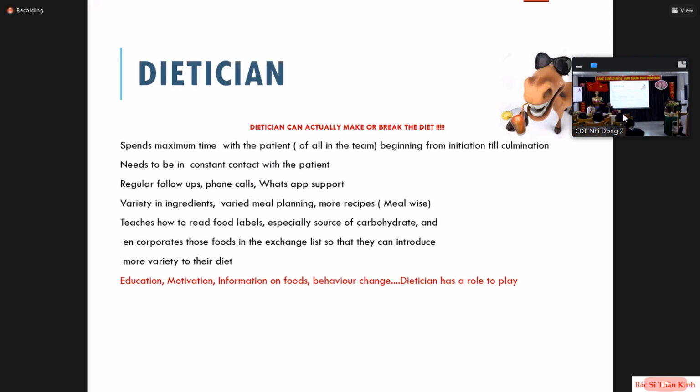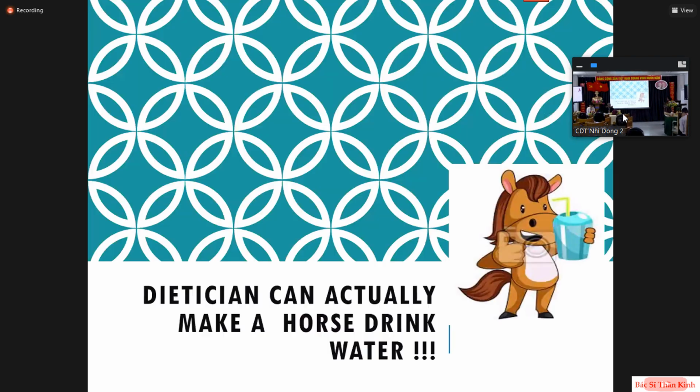She is the one who would work on the variety in ingredients, meal planning, and increasing the number of recipes given to the patients, to teach food labels, education, motivation, information on foods, behavior change. Whatsoever may be the factor, it's the dietitian who plays a role. So the dietitian can actually prove that proverb wrong.